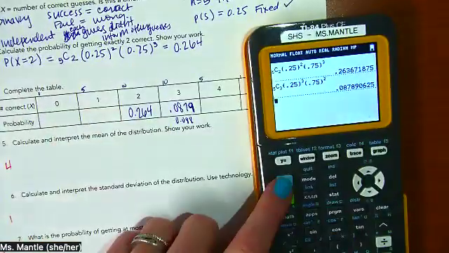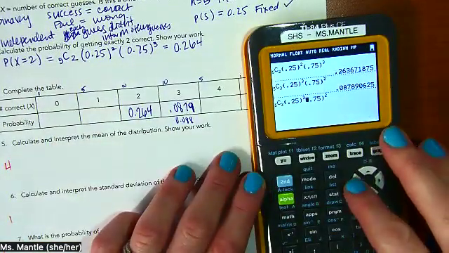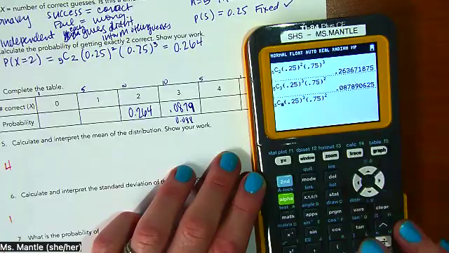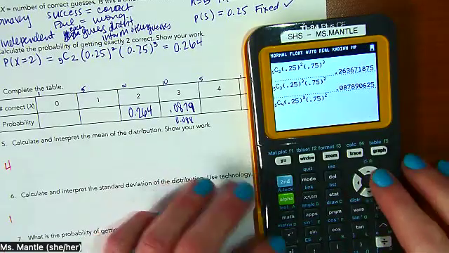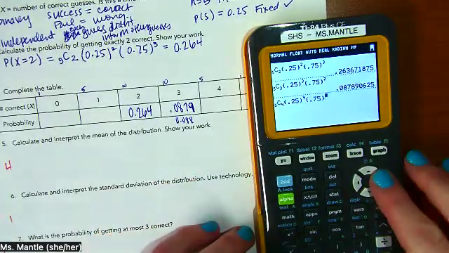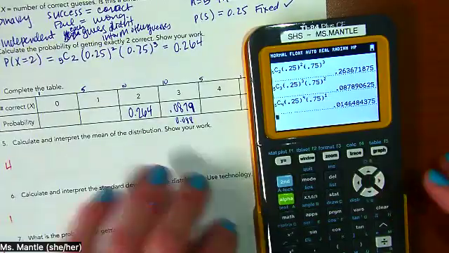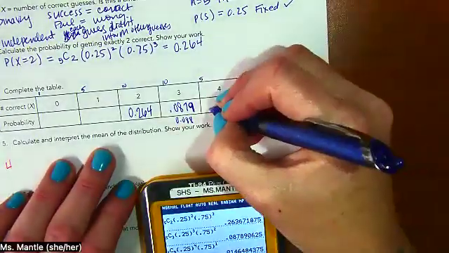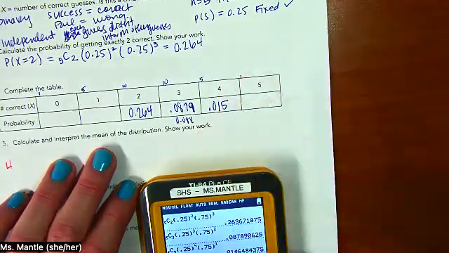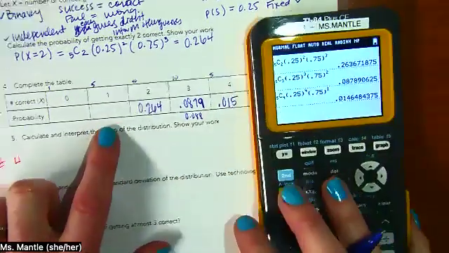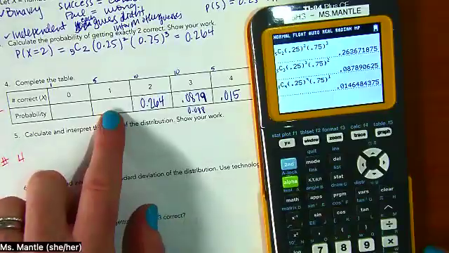Okay, I'm just going to keep going to the right, second enter. So this is 5 choose 4. This is 0.25 to the 4, 0.75 to the 1, 0.015. And then I'm going to back up to do this one.